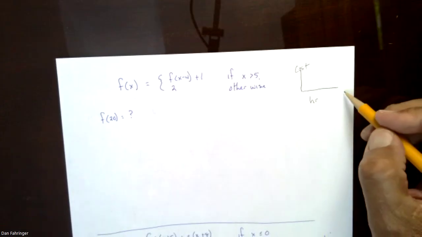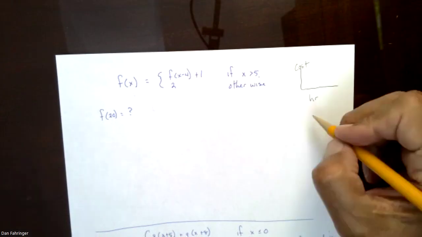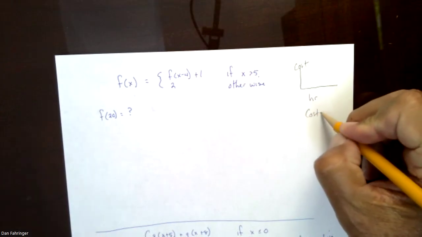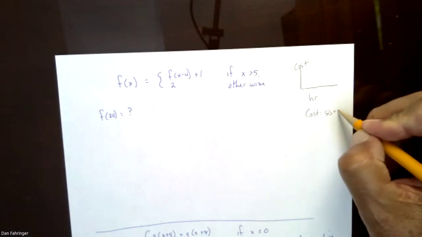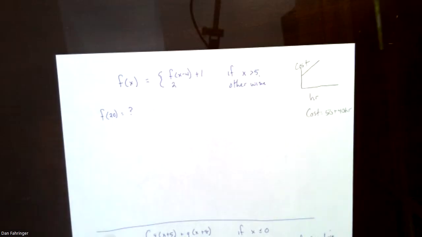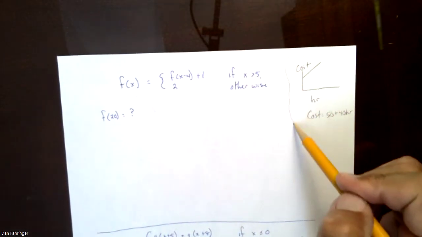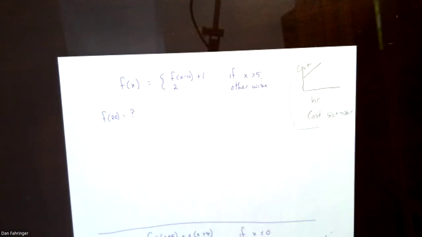But we then change it to x and y because we're used to graphing with x and y. But I still like cost is $50 plus $40 an hour, starting at 50. Okay, but we're doing x's and y's, and recursive functions aren't so much tying into this graphing part, but it's laid out the same.